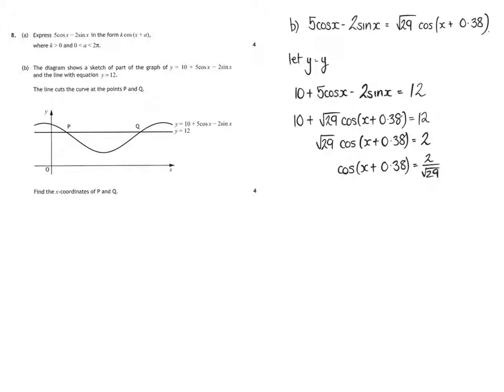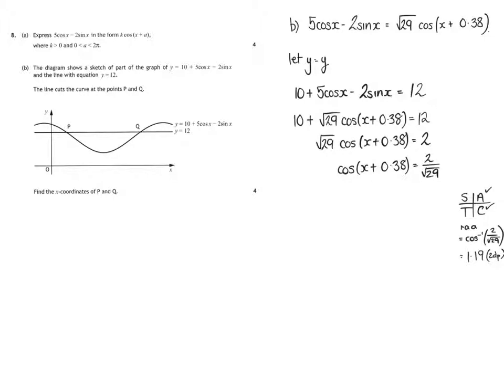So at this point, if we just do a CAST diagram here, so we have cos and it's positive, so it's going to be our first and our last quadrants. So our relative acute angle, so our angle in our first quadrant is going to be cos to the minus 1 of 2 over root 29, which is 1.19 to 2 decimal places.